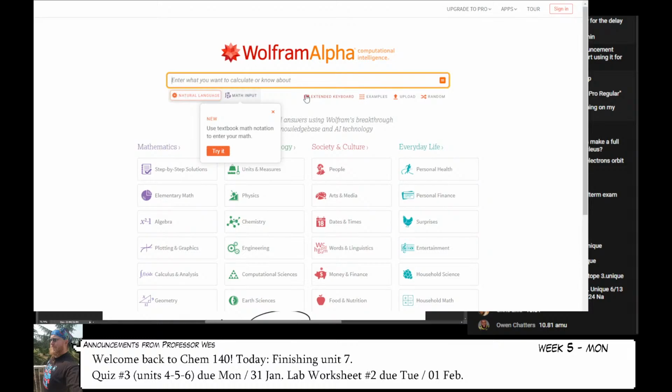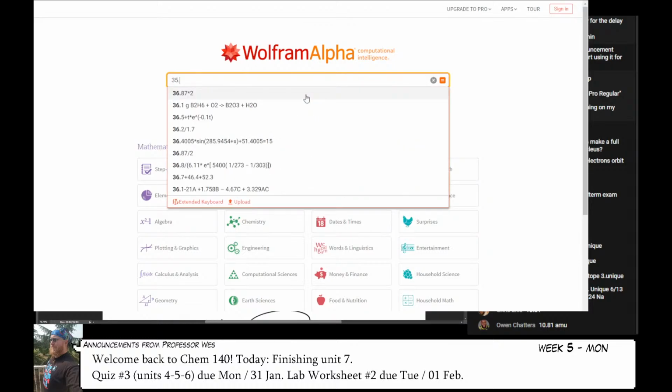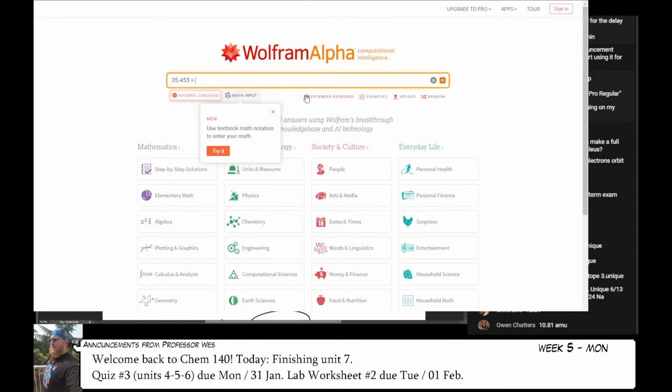So the average mass, which was 35.453, equals x times the mass of 35, plus y times the mass of 37. So that's equation 1 with the numbers plugged in. And then the second equation is simply x plus y equals 1.